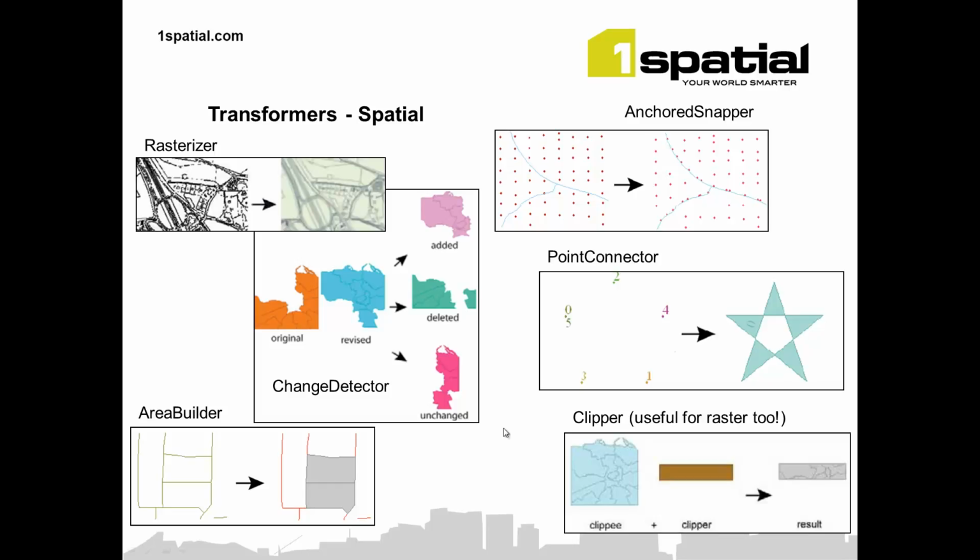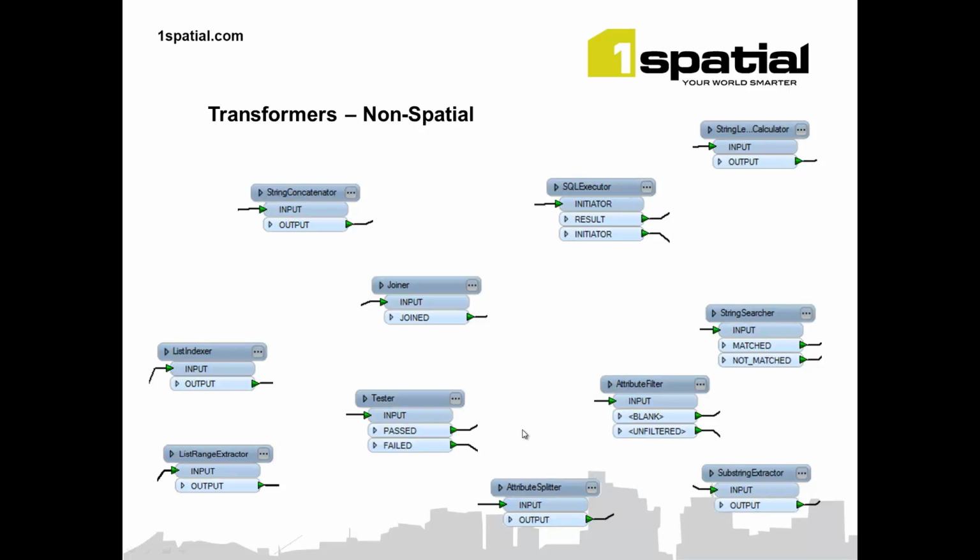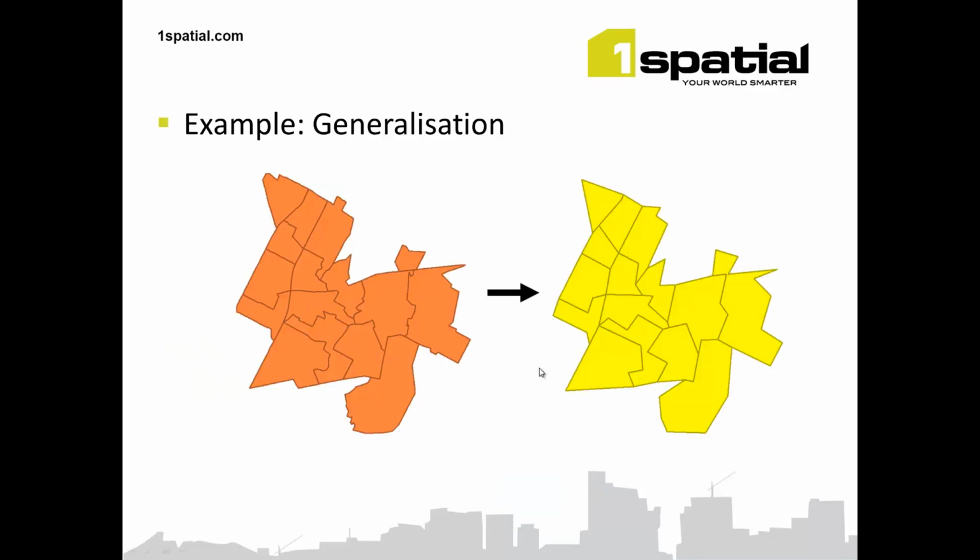So that means that making data available for just an area that you're interested in, or to a particular individual based on a particular data request, is possible. We've also got lots of transformers that don't deal with geometry, that allow you to manipulate attribution or strings or carry out SQL queries against your database.